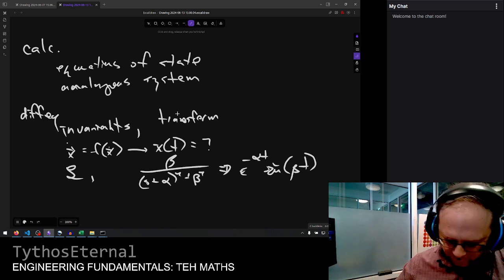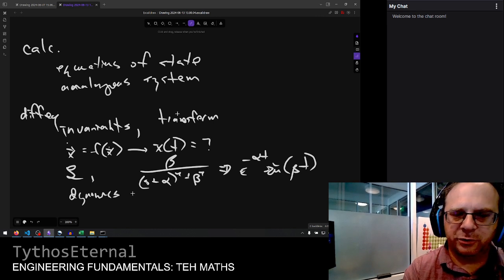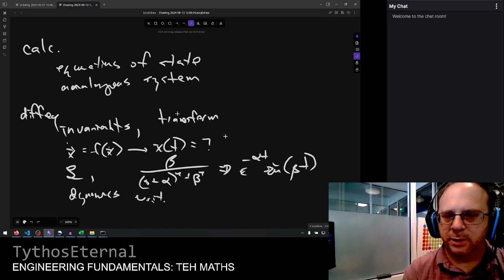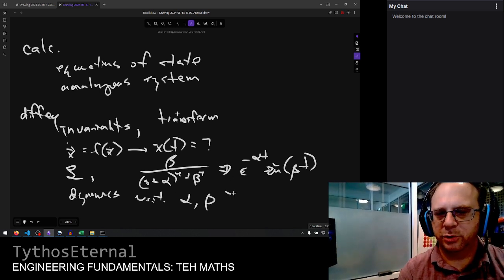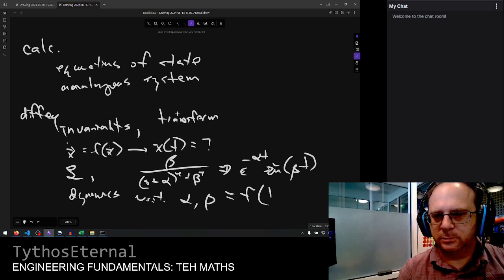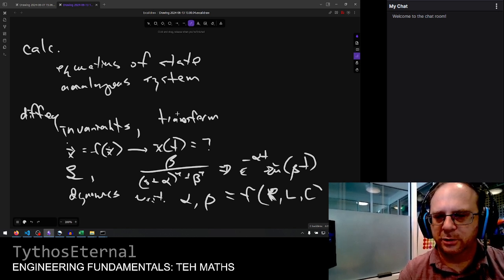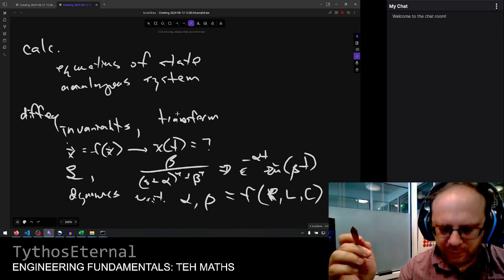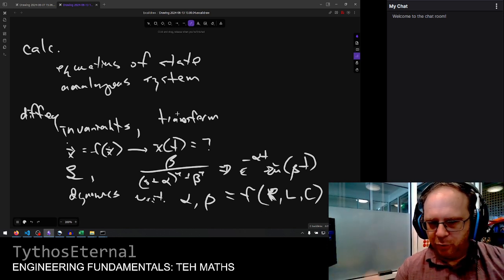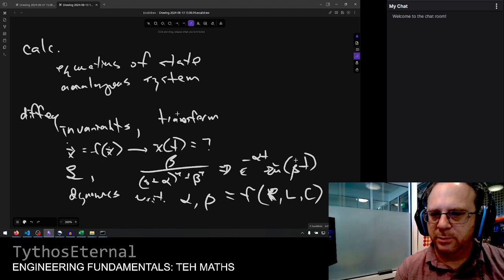We can come up with all sorts of conclusions from there based off of the dynamics of the system, with respect to the way that we would back out expressions for these terms, alpha and beta in particular, as some function of, L, Q, or not Q, in the case of electronics, our resistors and our inductors and our capacitors, etc., depending on what family of engineering we're in, of course. So damping and frequency response were two particularly interesting ones. So this characterizes damping, this characterizes frequency response, right?